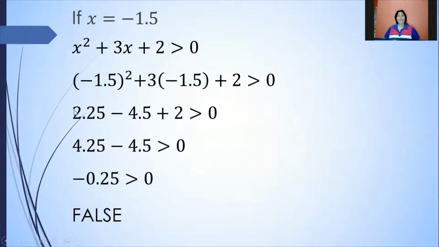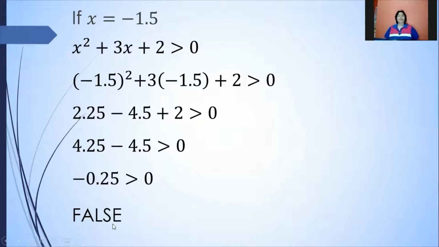Again, you have to combine 2.25 plus 2, which is 4.25, minus 4.5 is greater than 0. The answer is negative 0.25. Is negative 0.25 greater than 0?